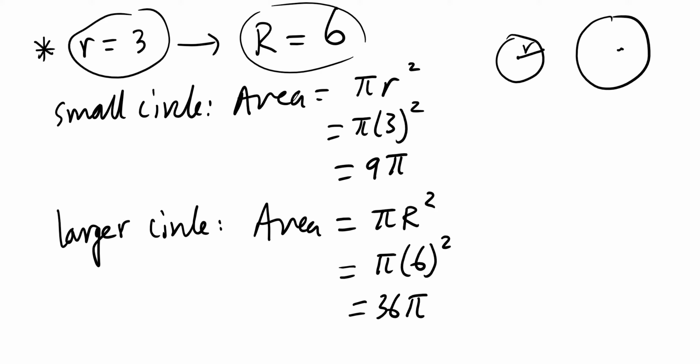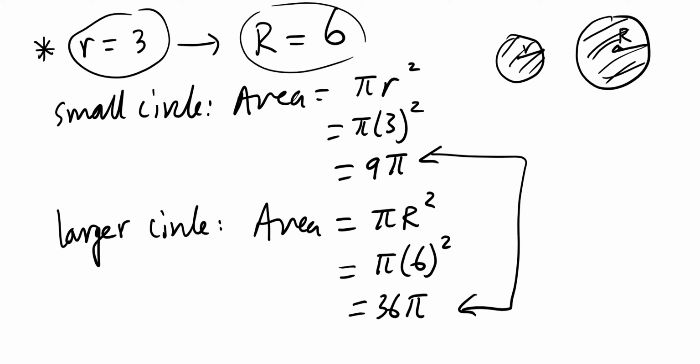That's not true, because the area covers everything. Notice if you compare this area and this area, 36 pi is 4 times 9 pi, right? So it's 4 times bigger, not double. So this can also be misleading information for people when they're reading something like this.